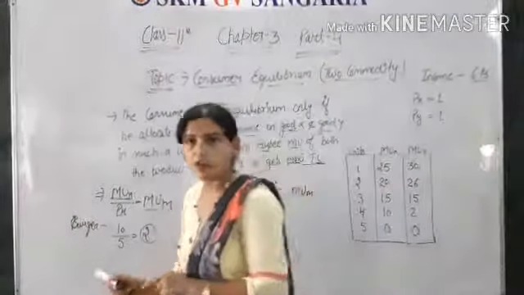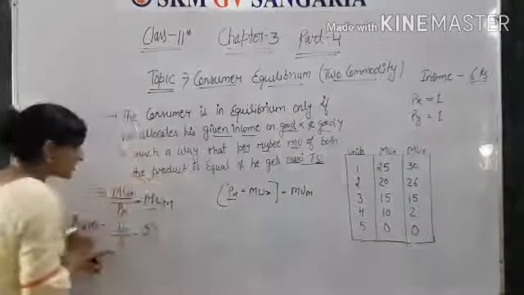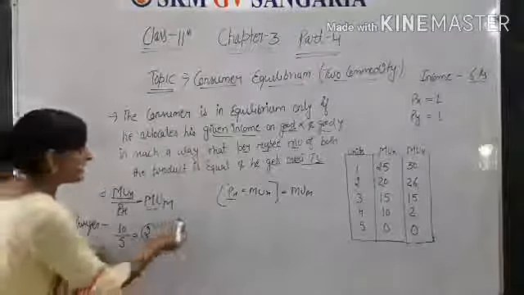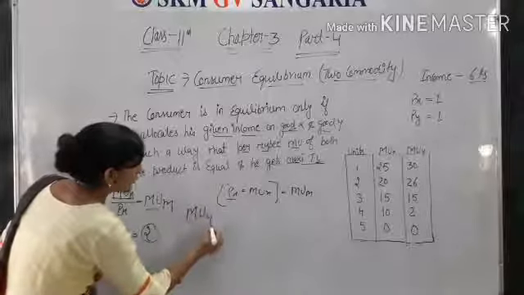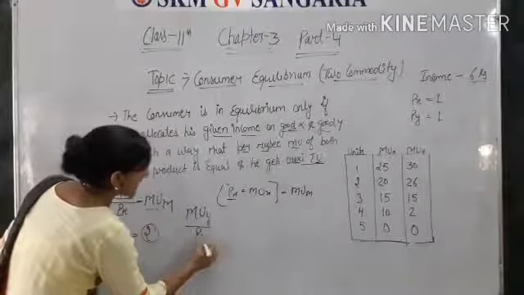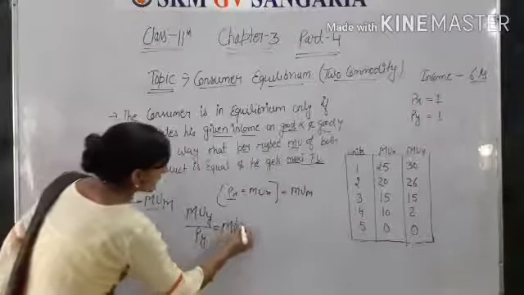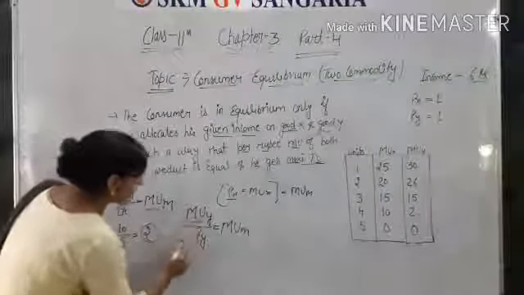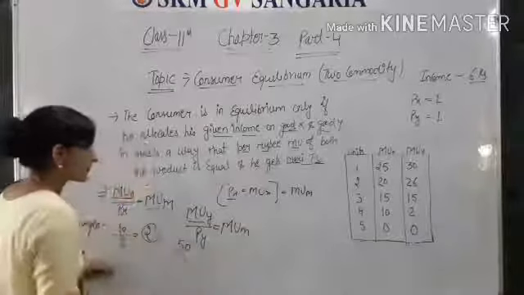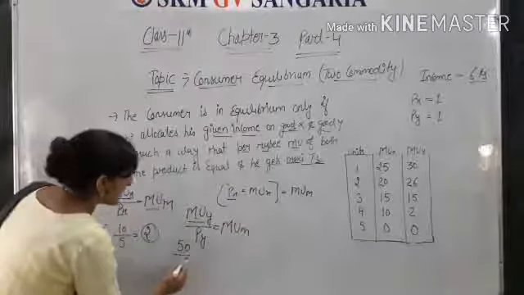In terms of money that is 2, and we are studying two commodities. So MUy upon Py is equal to MUm. Here we can take that MUy is 50 and Py is 10.